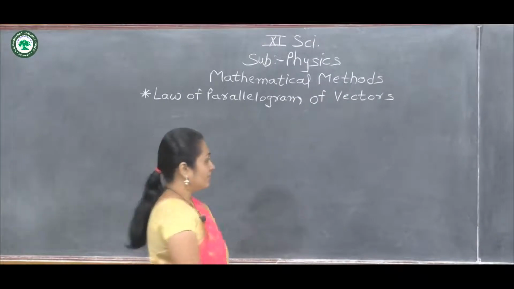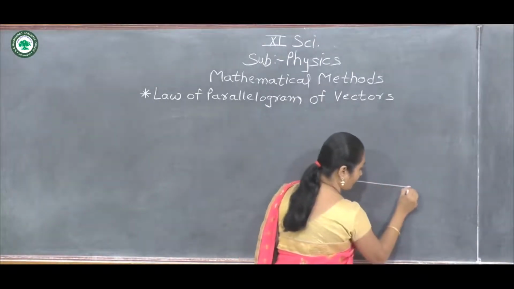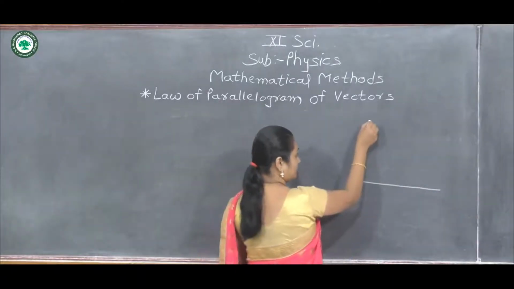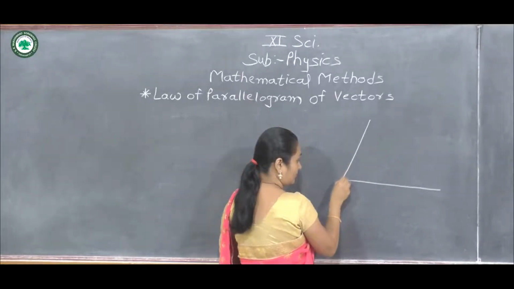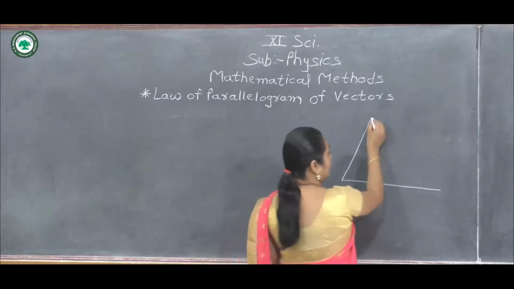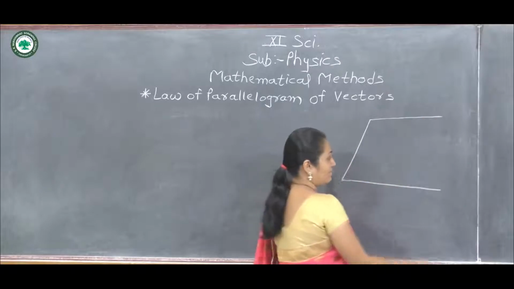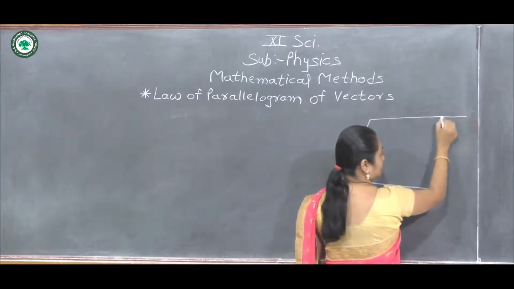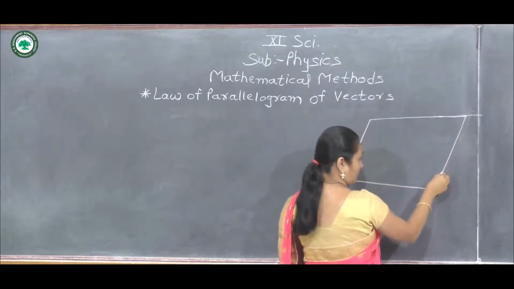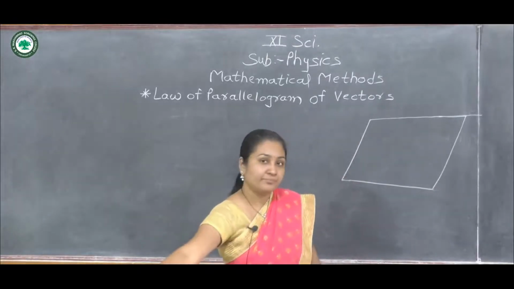Now consider two vectors. This is the first vector. This is the second vector. Then we can complete the parallelogram. So this is our parallelogram.